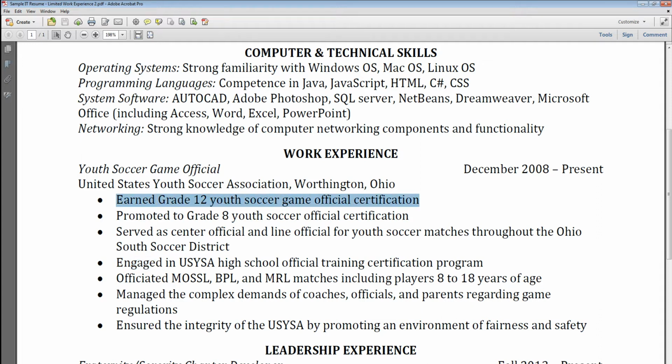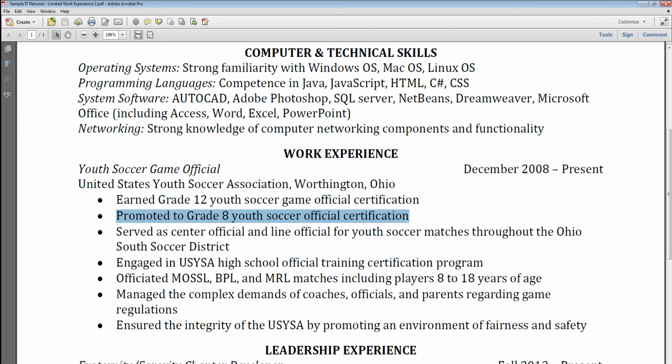So as a full example here, this individual earned grade 12 youth soccer game official certification. So if this individual did something in terms of furthering their own professional development in a positive way, that's something important to convey, whether it's related to IT or not. So I think this is a really good example of something that could be included. Individual here listed promoted to grade 8 youth soccer official certification.